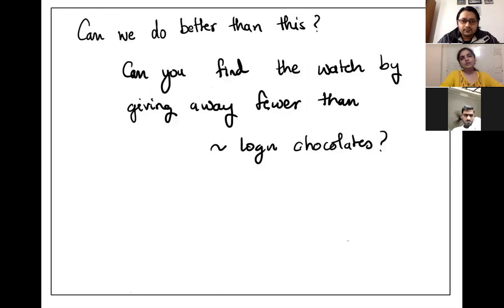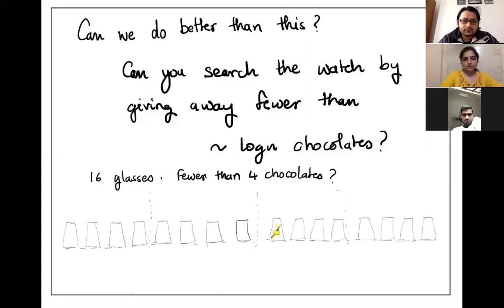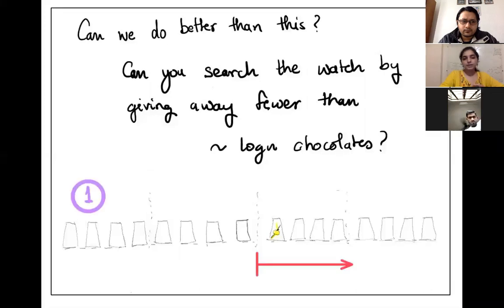So let's look at a specific instance. Suppose you had 16 glasses, and your watch was in glass number 9. Now, by giving 1 chocolate, you may realize that the watch is in the second half.